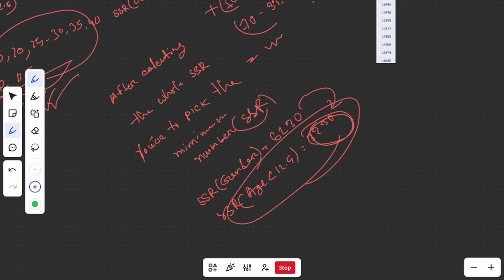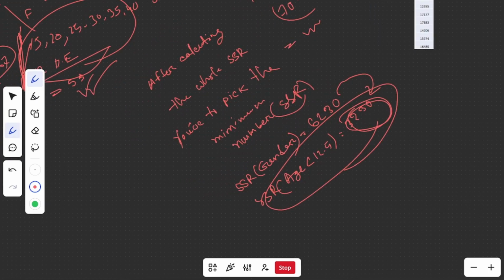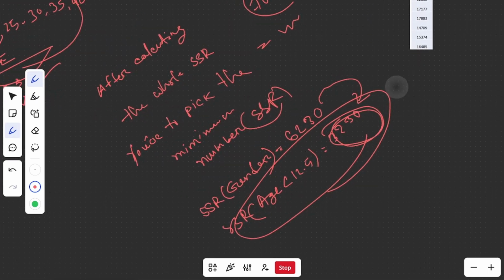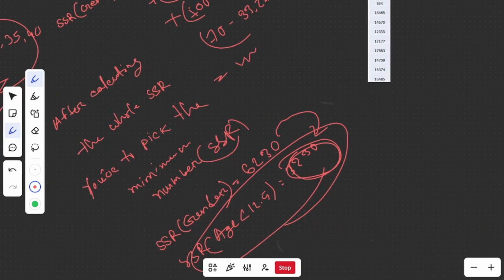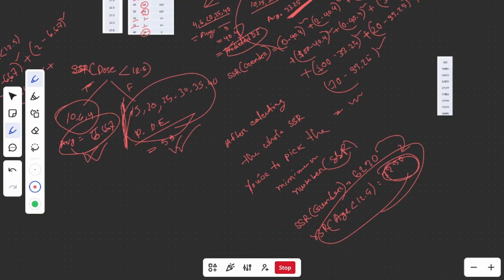So this way you can solve a regression tree and solve your problems. So thank you.